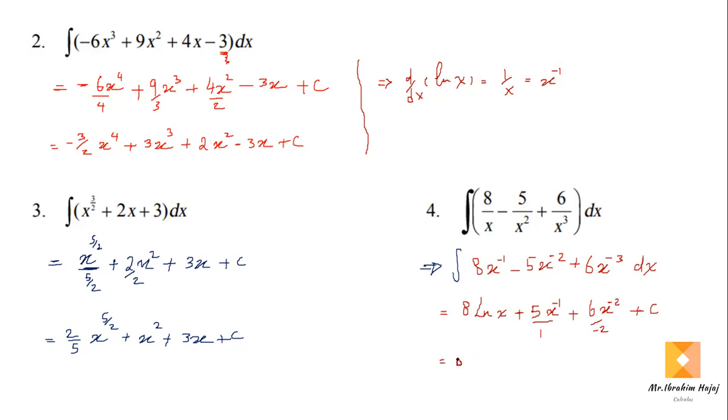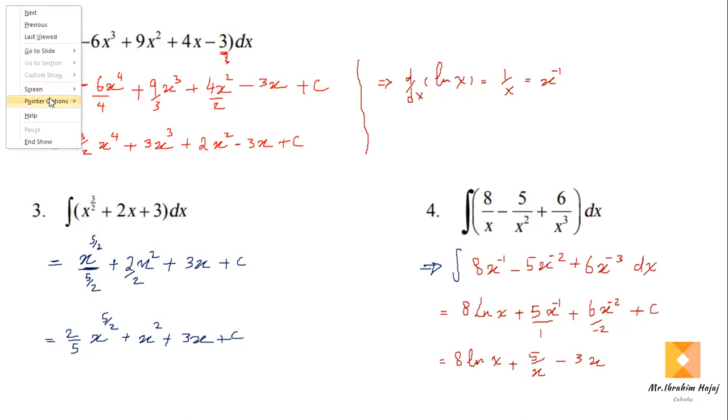So the answer here is 8 ln x plus 5 over x, you can write it as 5 over x to remove the negative, and negative 3 over x squared. Better, x squared down. Yes, Omar.